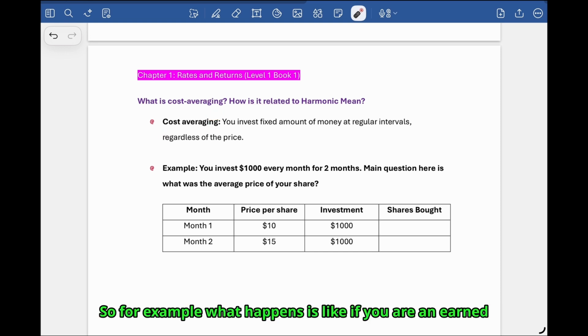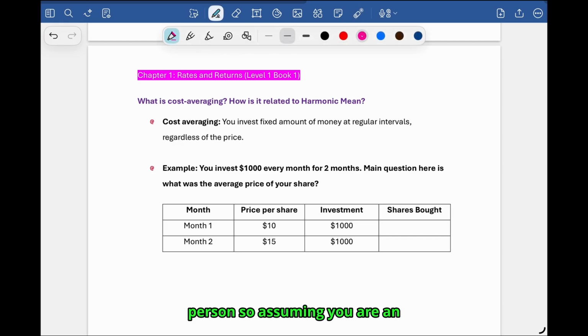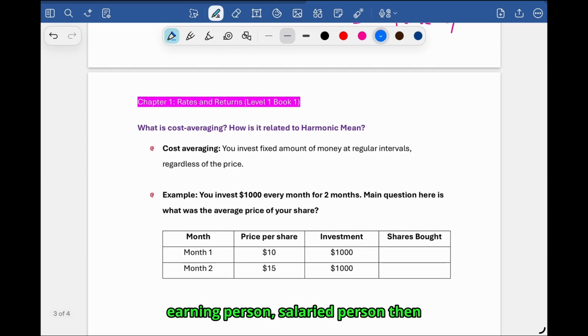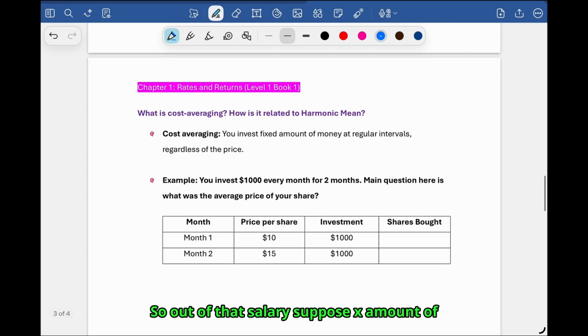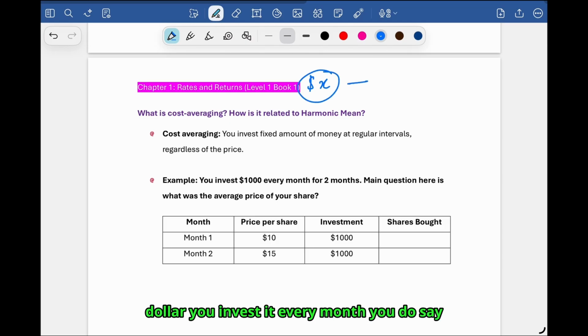For example, assuming you are a salaried person, you receive your salary every month. Out of that salary, suppose you invest X amount of dollars every month. You do, say, a SIP, a systematic investment plan, so you do it systematically every month.